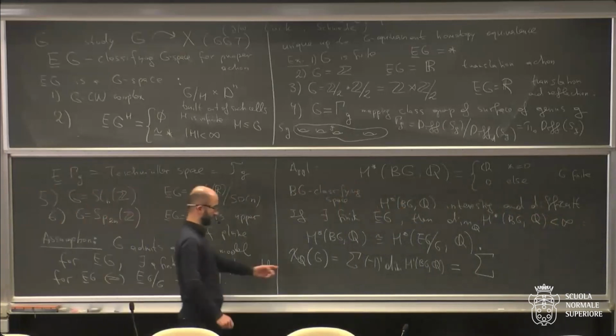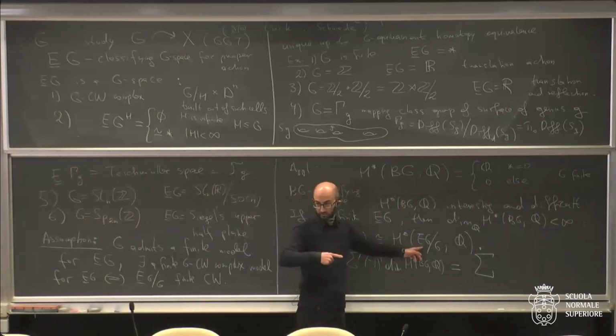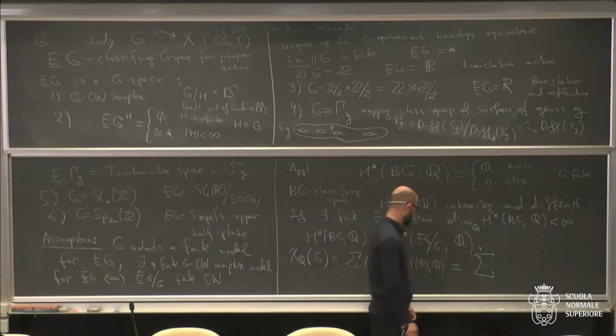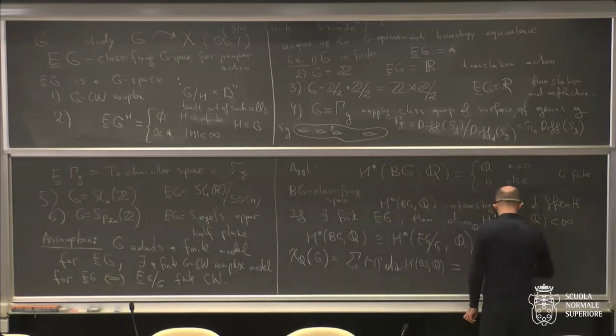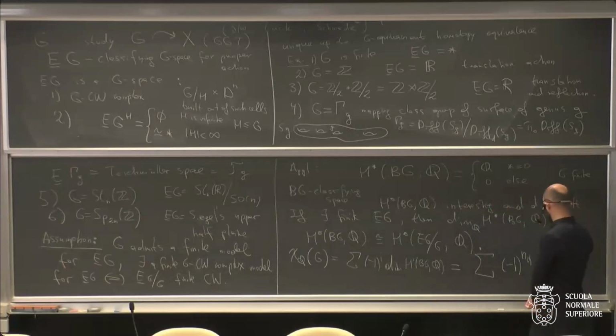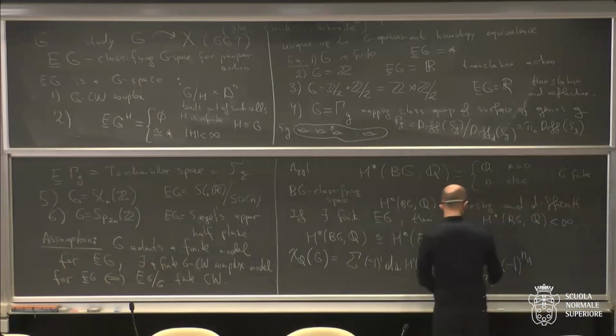But this thing here is finite, so I can use the cell structure of that to compute the Euler characteristic. So this is (-1)^(n_alpha), where the sum runs over all G cells. So alpha is a G cell of E under bar G.